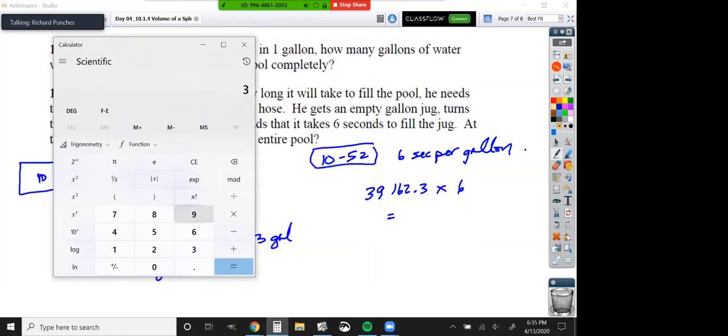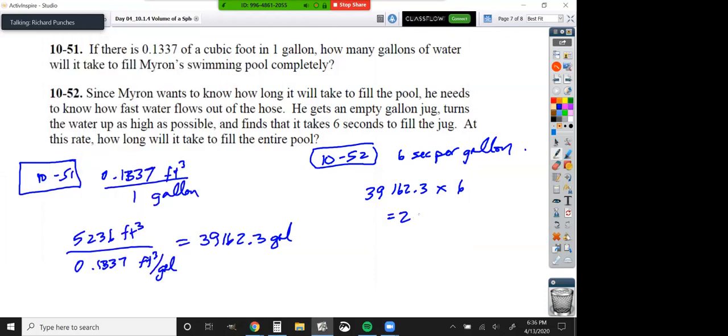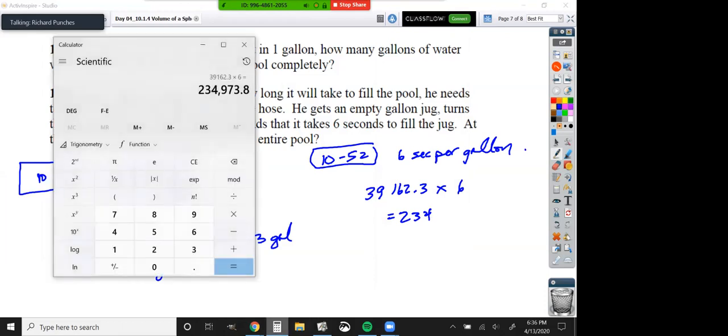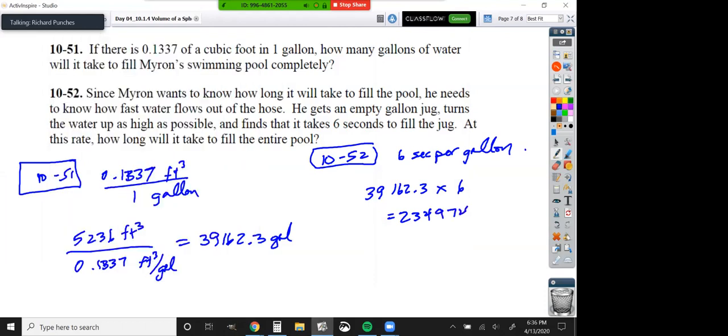it's going to take a total, let's see, 39,162.3 times 6 is 234,974 seconds. Now, we should probably turn that into hours or days or something, see what we get.